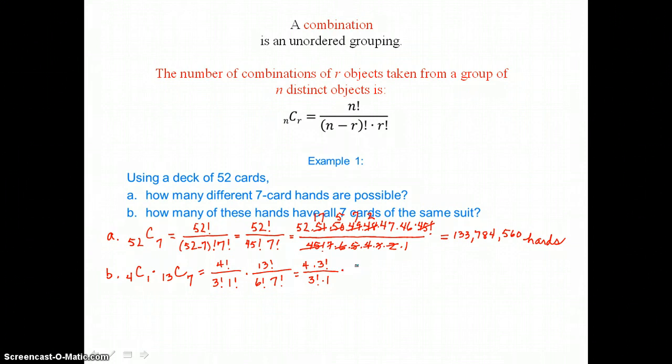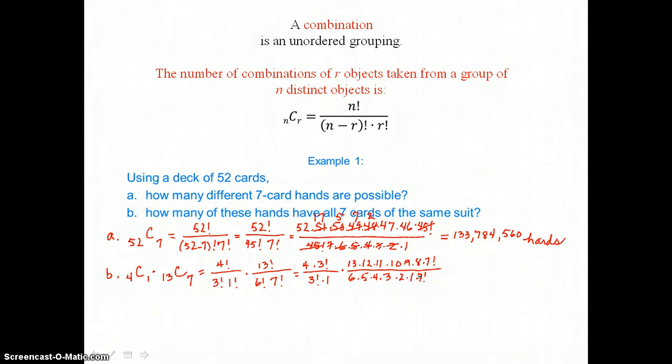Okay, in the second combination, I have 13 times 12 times 11 times 10 times 9 times 8 times 7 factorial, which will cancel with the 7 factorial in the denominator. But I'll expand the 6 factorial. 6 times 5 times 4 times 3 times 2 times 1.